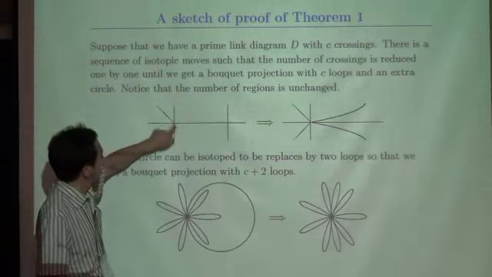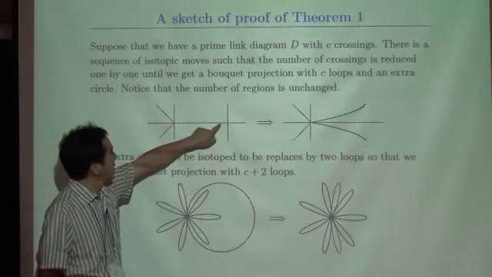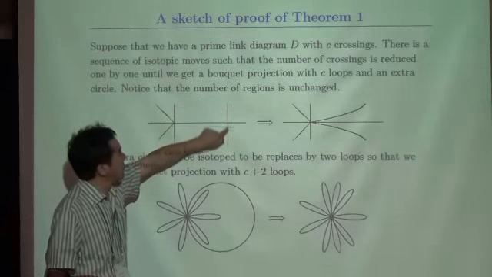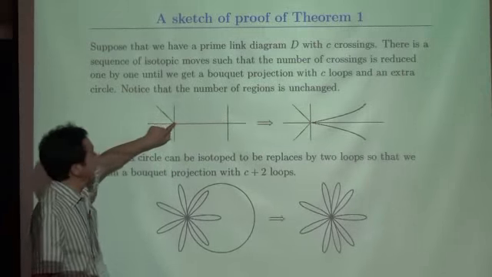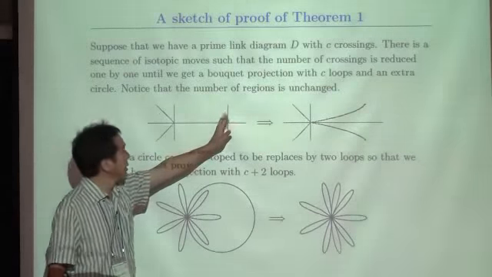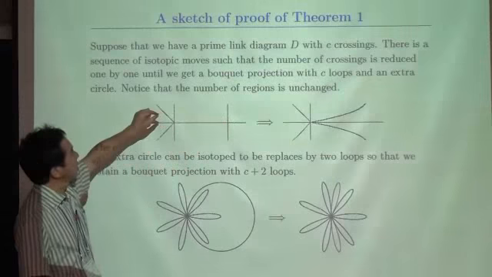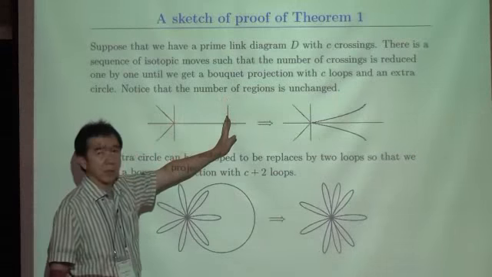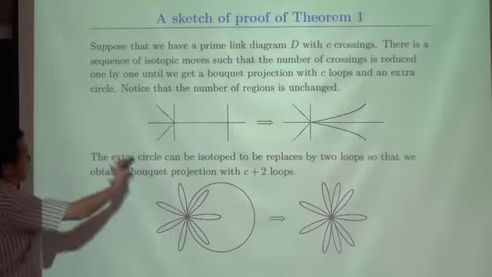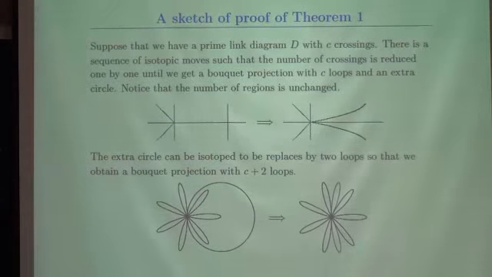Then you pick one of the next crossings, and pull this toward this crossing. If this arc is an overcrossing, then you place it over here. And if this arc is an undercrossing arc, then you place it underneath the crossing. Then you can keep doing that in such a way that you end up with a diagram like this.